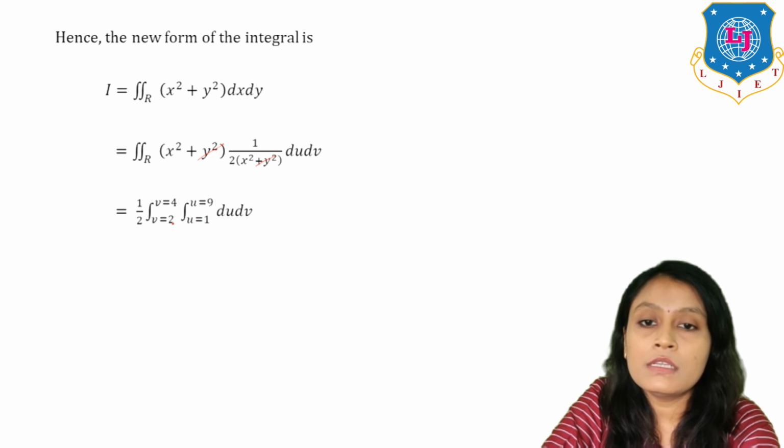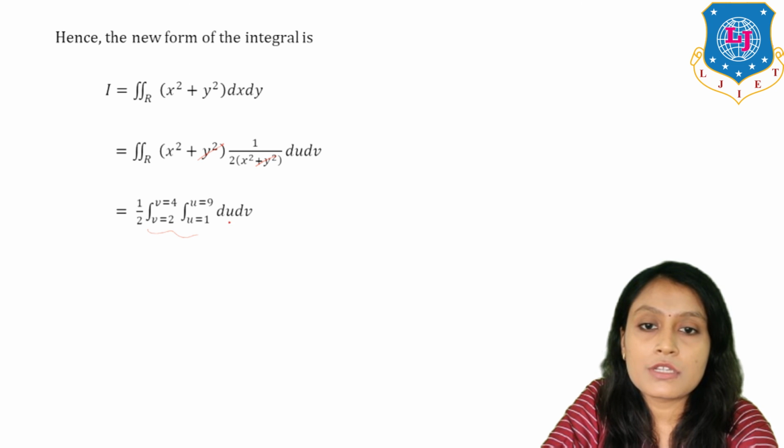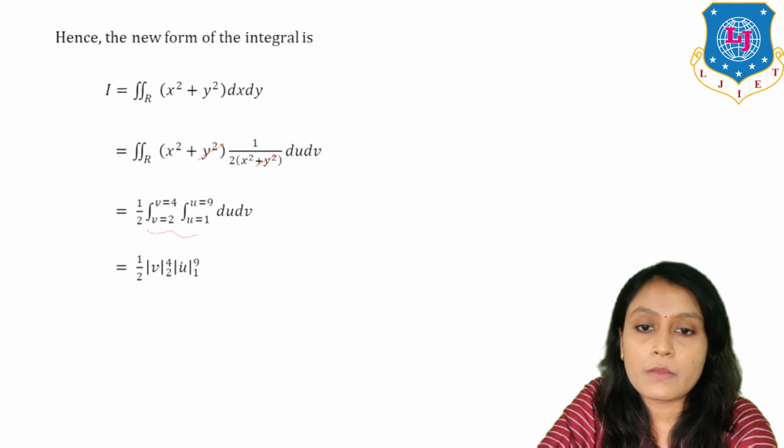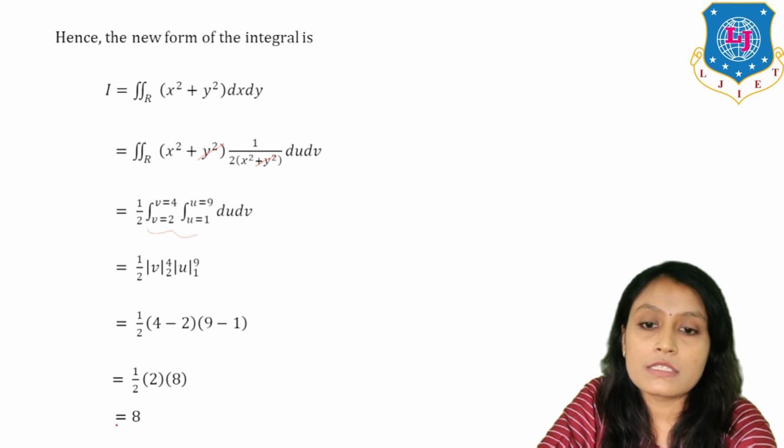Now we will evaluate both integrations simultaneously, because here we have constant 1. So you will get v and u, and the limits of v are 2 to 4 and the limits of u are 1 to 9. Substitute the limits, so you will get 1/2 times (4 − 2)(9 − 1). Simplify this, so you will get the answer of this integration as 8.